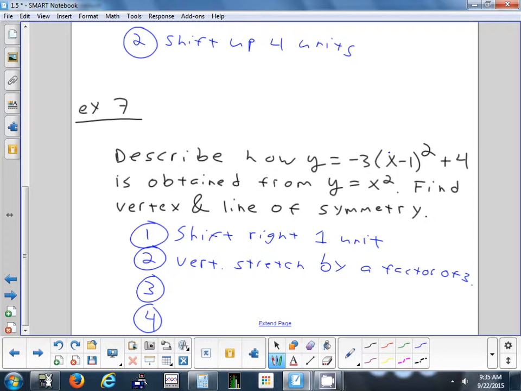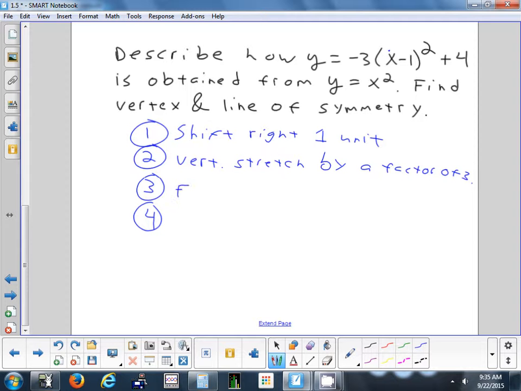Just ignore the negative. Now that's step 3. So now what's that negative going to do? Make it down. Yeah, I heard flip. Which way? Flip over the x-axis. Over the x-axis, yes. Flip over x-axis.